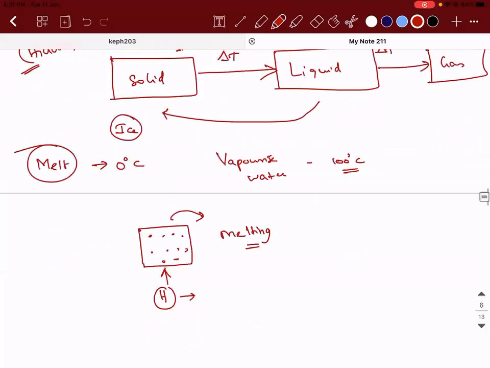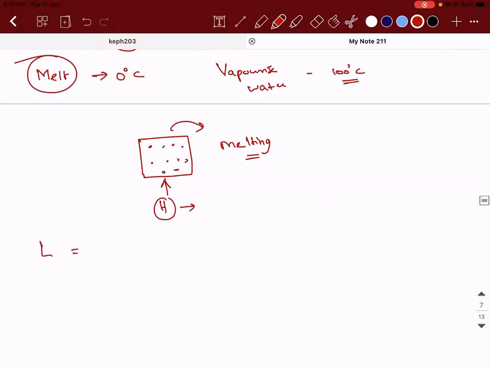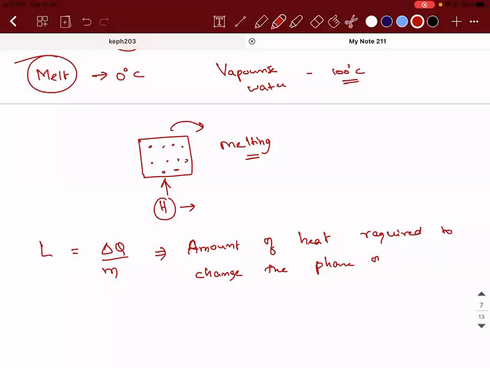Okay. So the formula for latent heat is something like this. It is the amount of heat required to change the phase of unit mass of a substance from one form to another. So how is it defined? It is the amount of heat required to change the phase of unit mass of a substance.